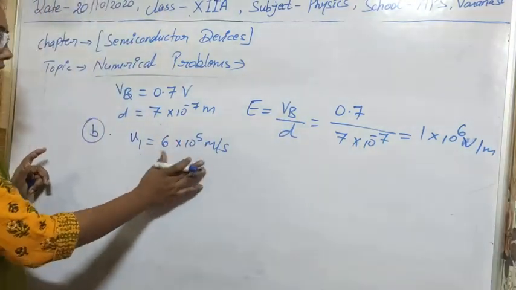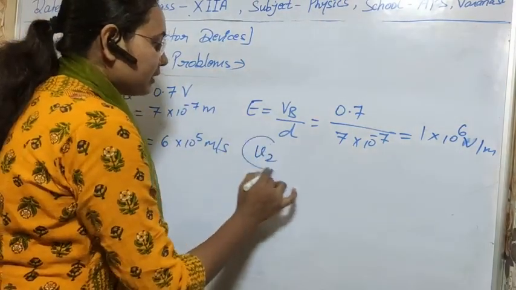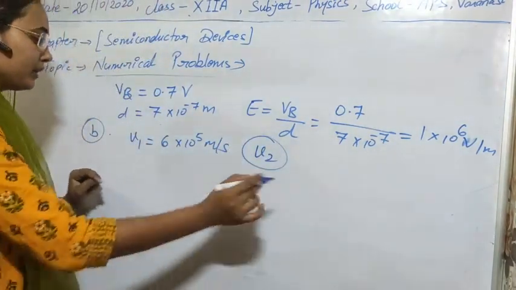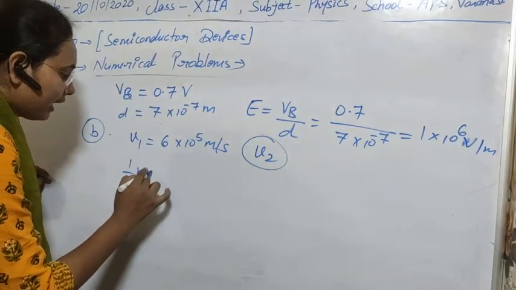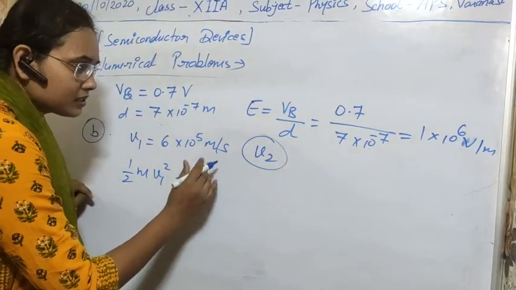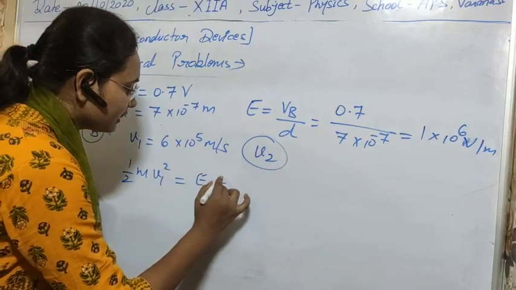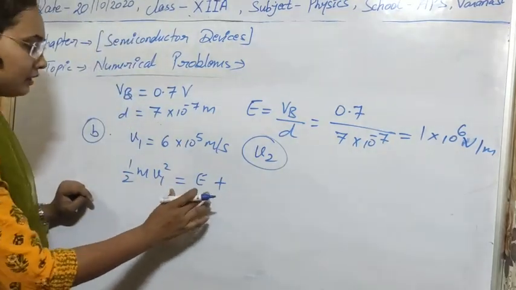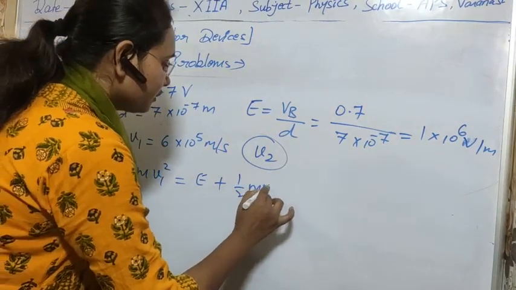Suppose in the p type region it has velocity v2. Its kinetic energy in the n type region, half m v1 square, will be equal to the junction barrier potential energy, suppose that is E, plus half m v2 square.